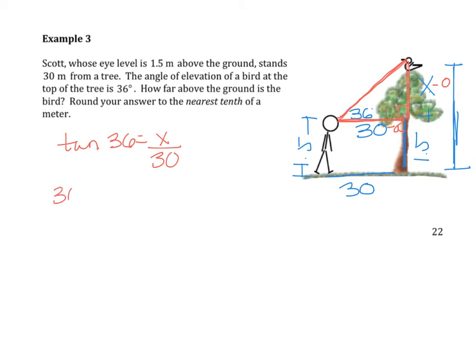Cross multiply and get 30 tangent of 36. Go ahead and plug that into your calculator now, and we're going to round our answer to the nearest tenths place.